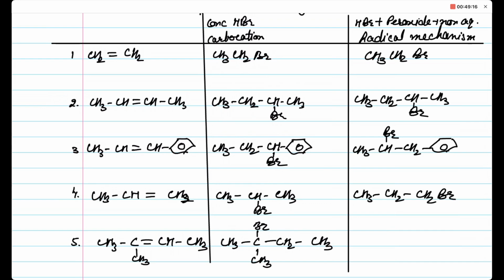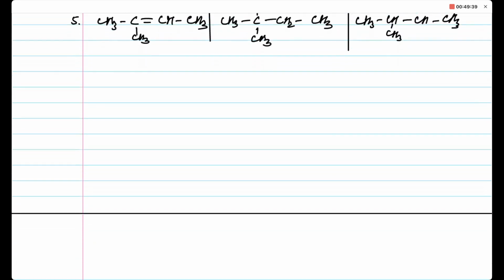And here CH3CHCH3CHBrCH3 would be formed. So these are the major products in these five reactions. As you can see, the first and second would give the same product, third, fourth, fifth give different products because the mechanism is different. Now we have a very simple statement.